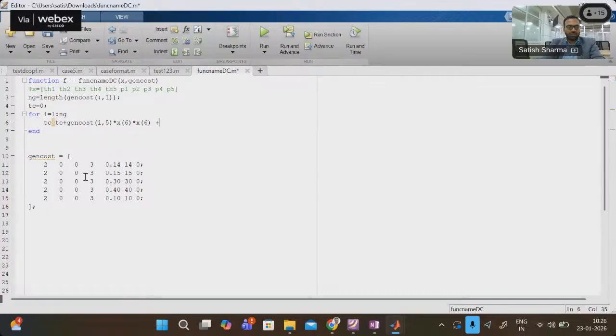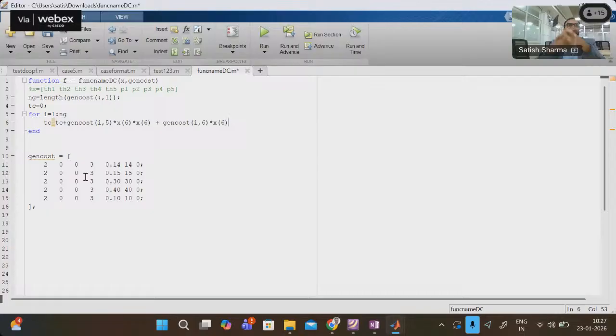Then we can do the same thing similarly for b p. So control C, control V. b is available at the 6th location and x6 represents P1.